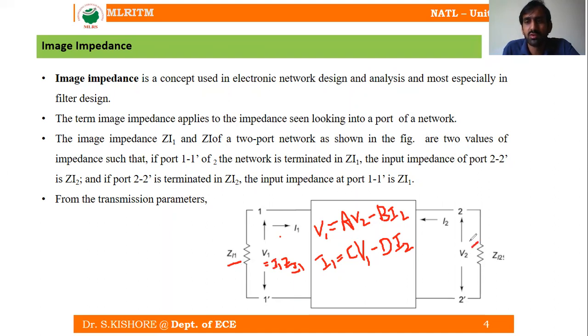So then V2 is going to be equal to I2 into ZI2. This ZI2 is nothing but the impedance, and I2 is going to be the current.